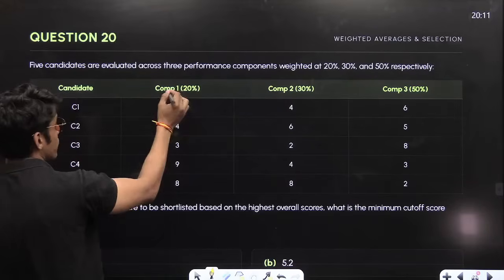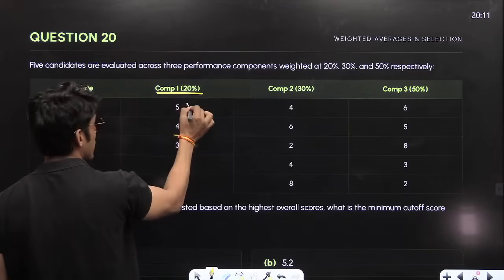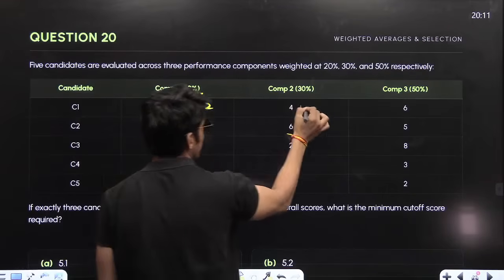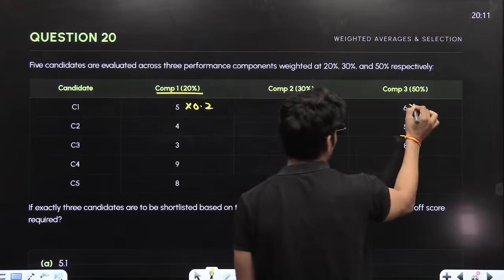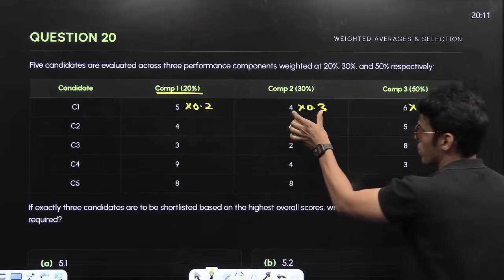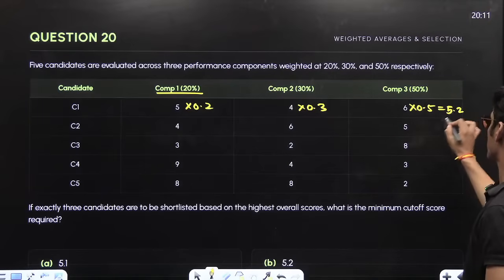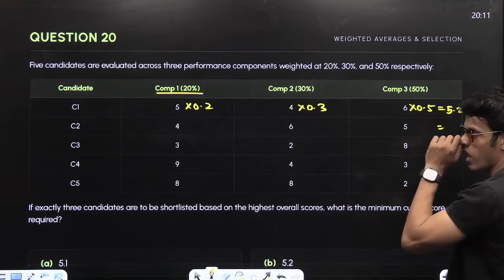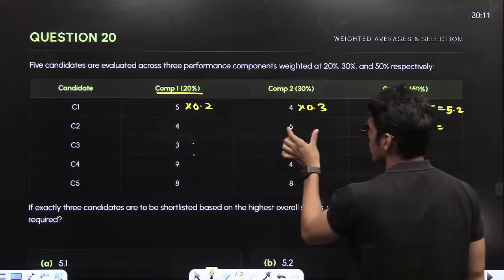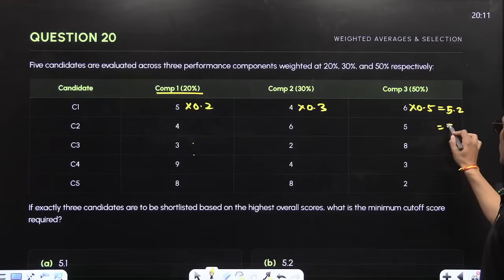Now see, 20%, 30%, 50%. So into 0.2, into 0.3, into 0.5. This is what the score will become. So this is 1. 1 plus 1.2 is 2.2. 2.2 plus 3 is 5.2. This becomes 5.2. Now this calculation I am going to do everywhere. 0.8, 1.8, 2.6, 2.6, 5.1.